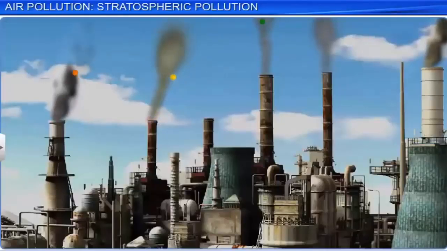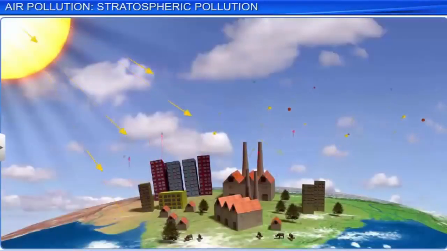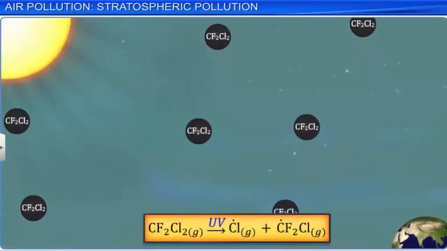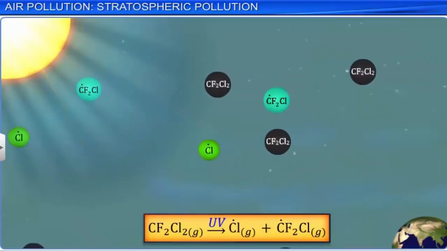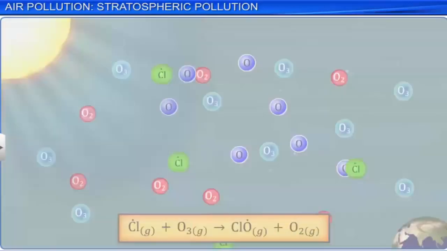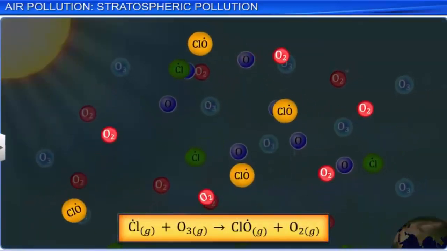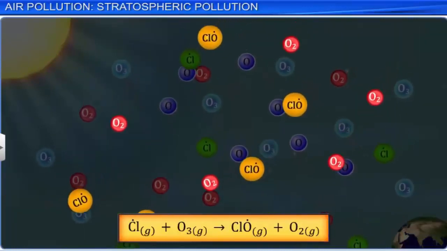When these compounds reach the stratosphere, they are hit by the UV radiations and dissociate into corresponding fragments, releasing free chlorine radicals. These free chlorine radicals react with the ozone and form chlorine monoxide radicals and oxygen molecules.